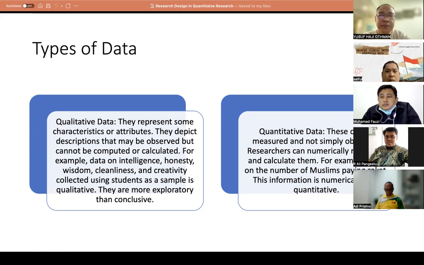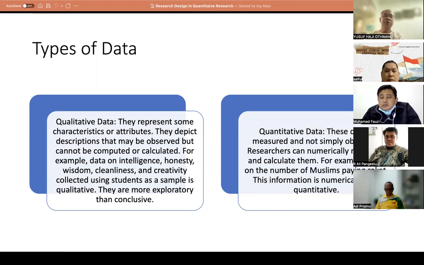So the quantitative data can be measured, yeah, and not simply observed. The quantitative data is expressed in numbers. Yeah.